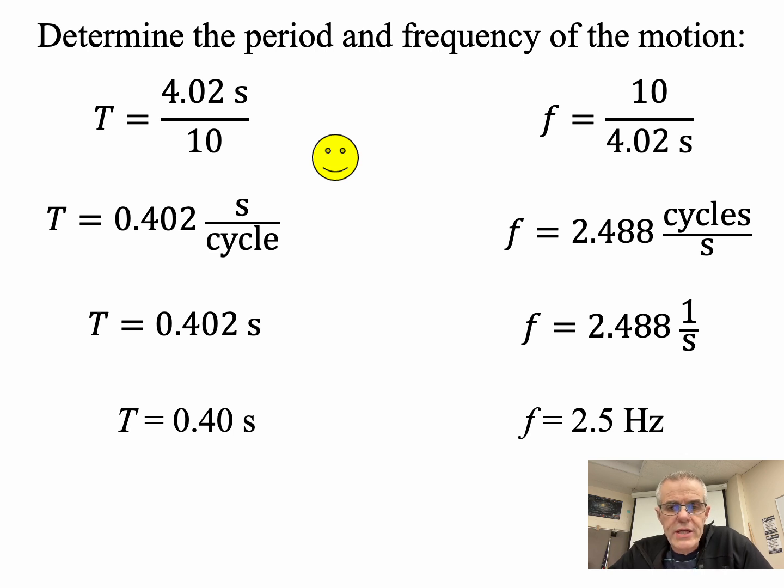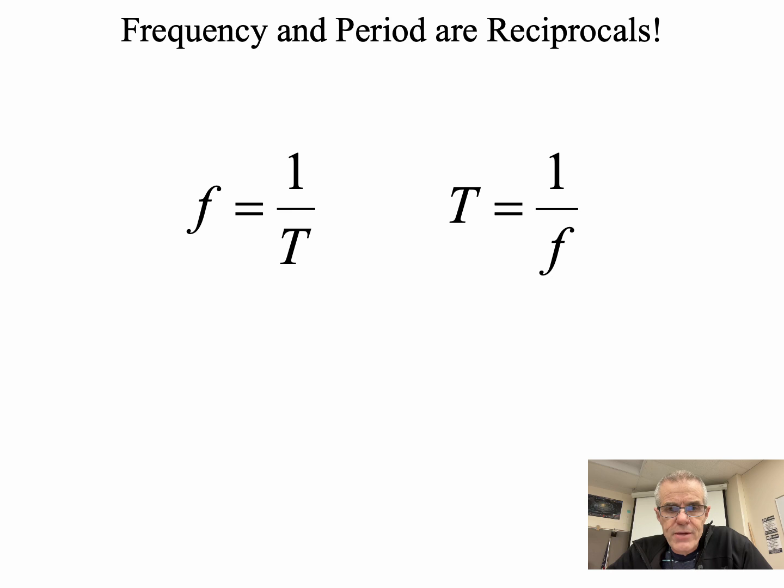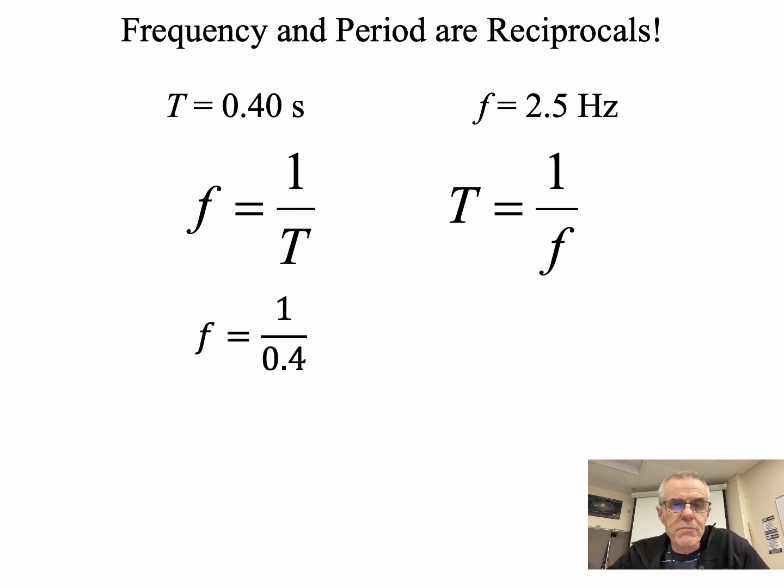Those two quantities, period and frequency, are reciprocal quantities. The definitions are reciprocal. Mathematically, they are reciprocal. So if you think about what we just did, we found the period and the frequency. Well, if you take 1 over the period, that would give you the frequency.